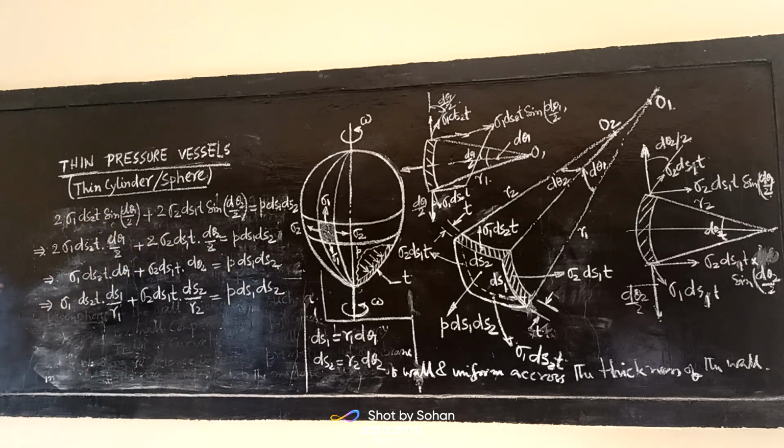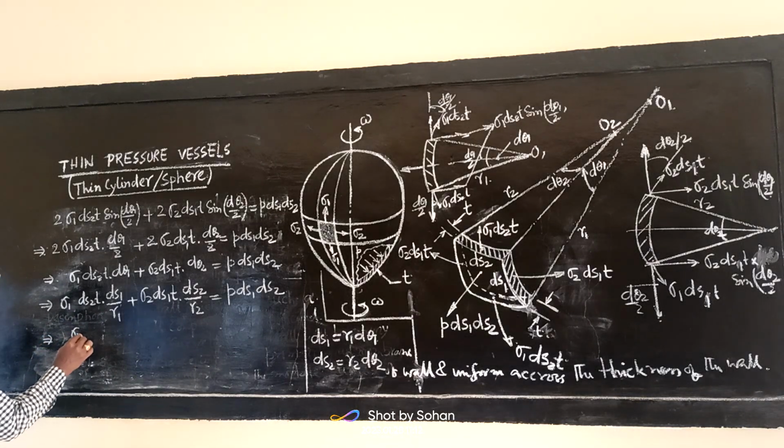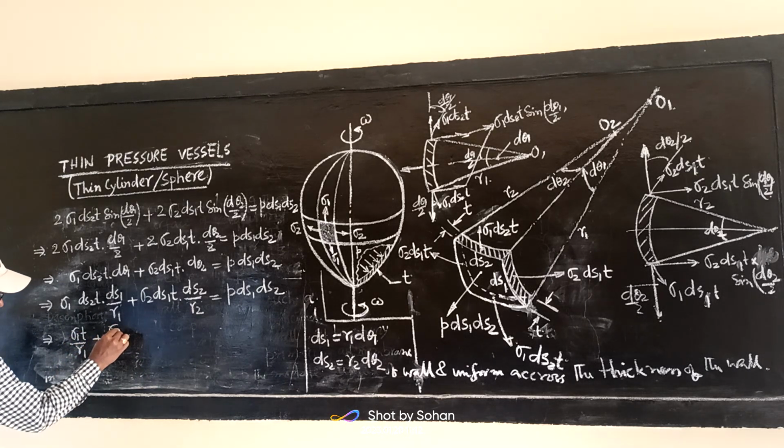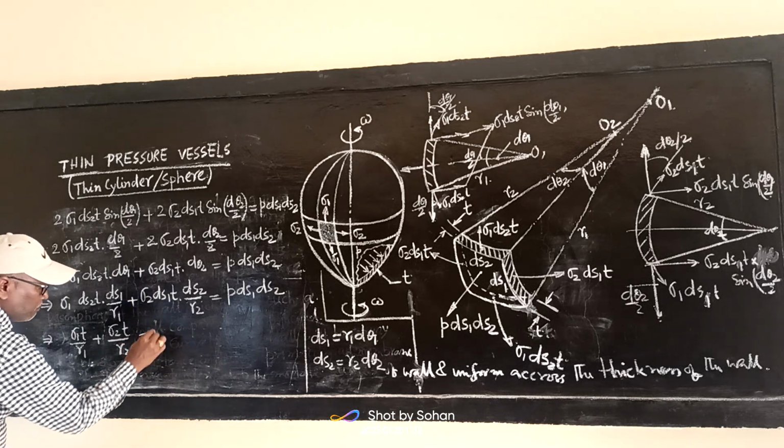Now if we look at this balancing equation, both sides, RHS and LHS, have ds1 and ds2, so ds1 and ds2 cancel out. The equation becomes sigma 1 t by r1 plus sigma 2 t by r2 is equal to p.